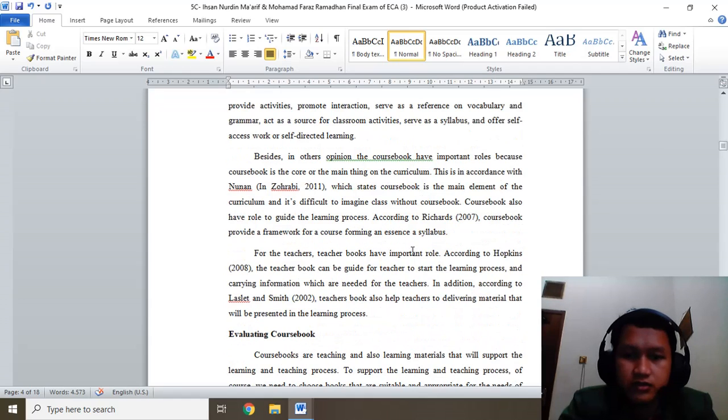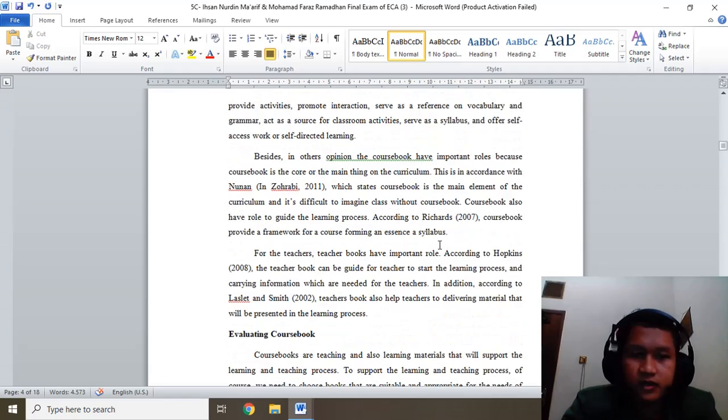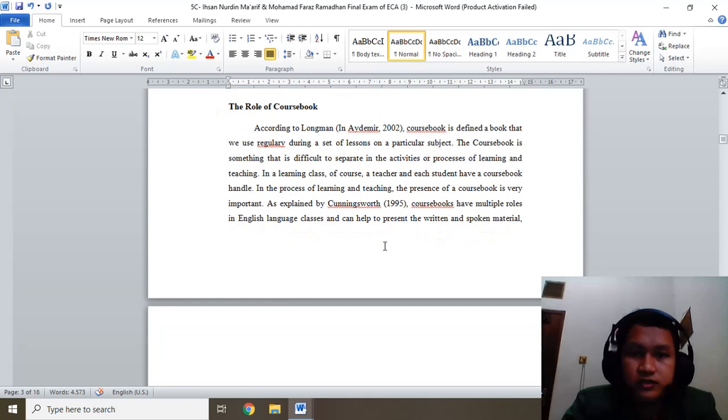And according to Richards, the course book provides a frame for a course, forming in essence a syllabus. So I think that's all for the role of the course book.